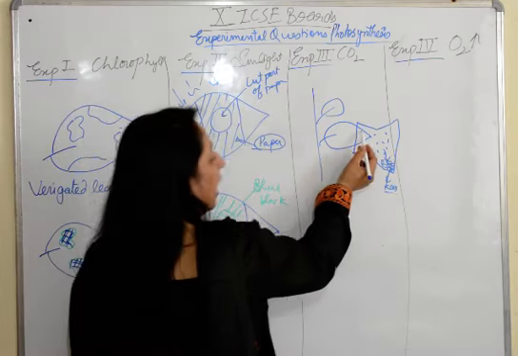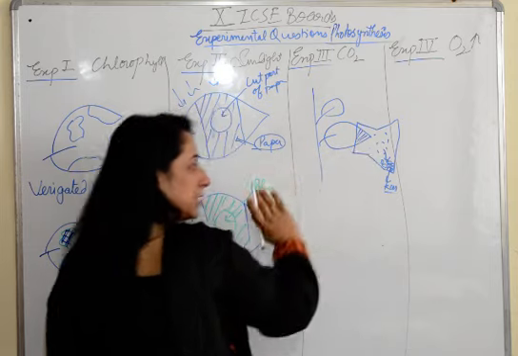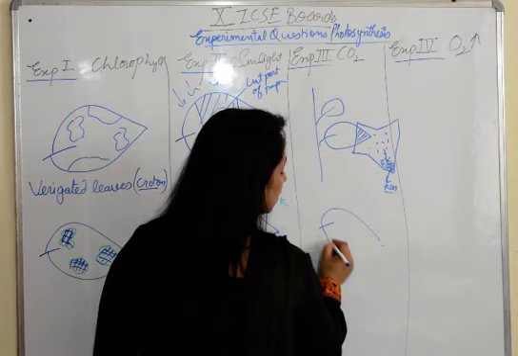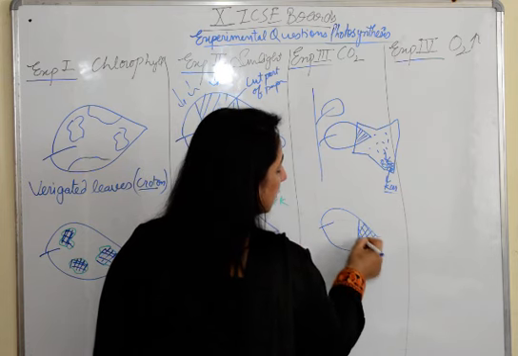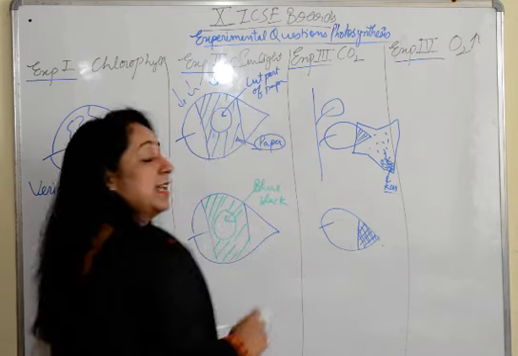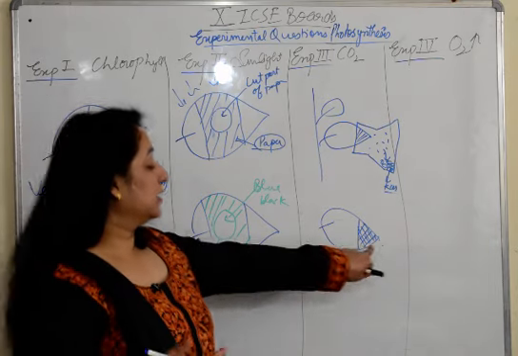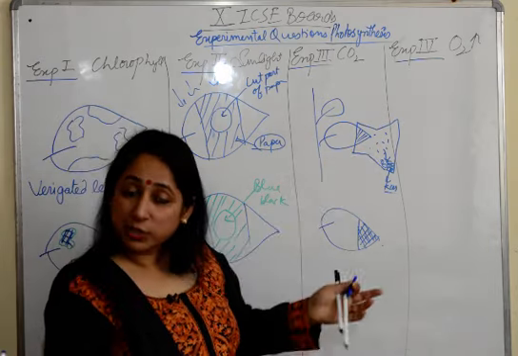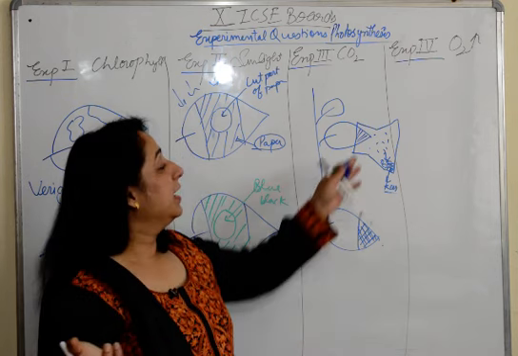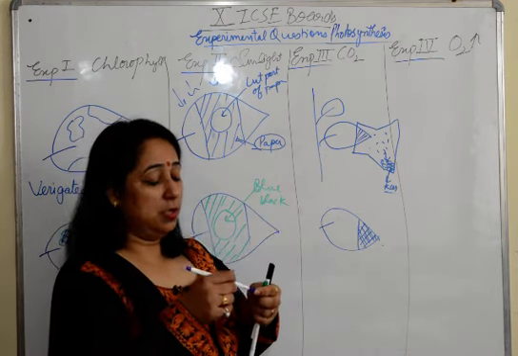Now half of the leaf is inside the flask and half is outside. When we perform the iodine test over it, the part which was inside the flask will not change color, and the rest of the leaf will change color. This part will not change color because it was inside the flask. There was no CO2 to perform photosynthesis, hence it could not change color.